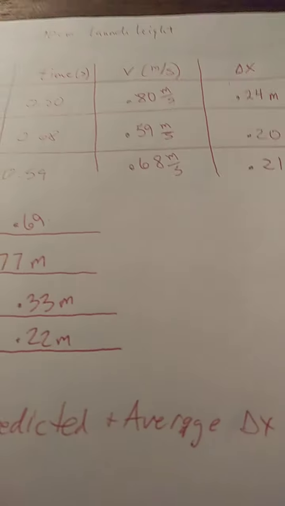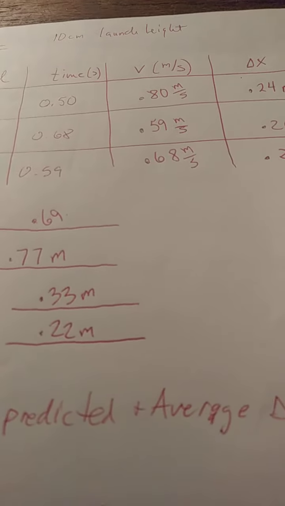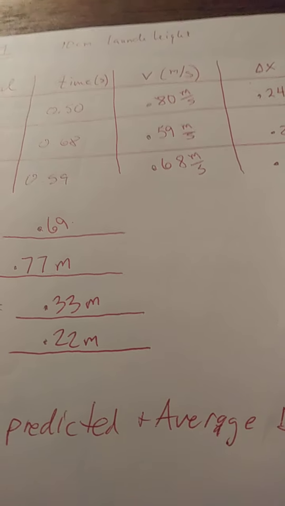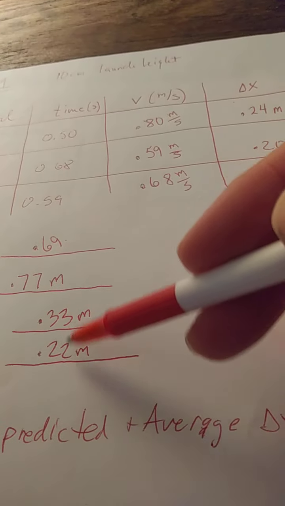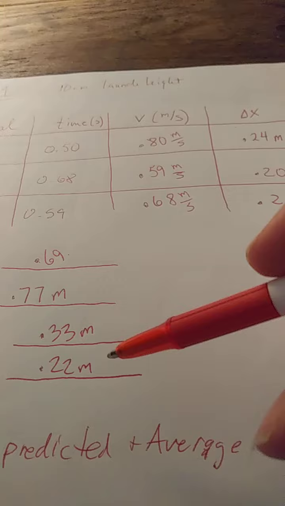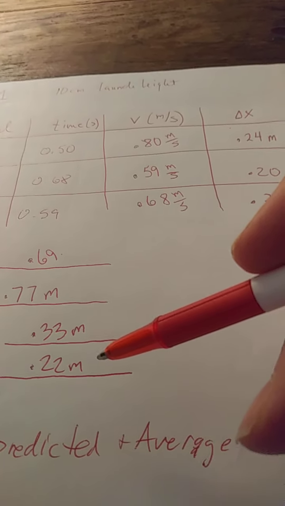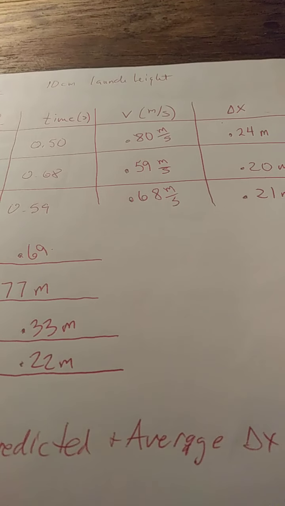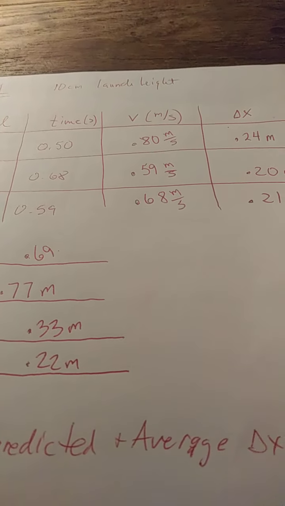So to be honest, that's not very bad. This is really a very poor setup experimentally to be able to get consistent results. But this is a pretty big jump. I did notice also that when I did the experiment, I was short on my estimations. When I went back and watched the video, most of them were longer, but this is okay.